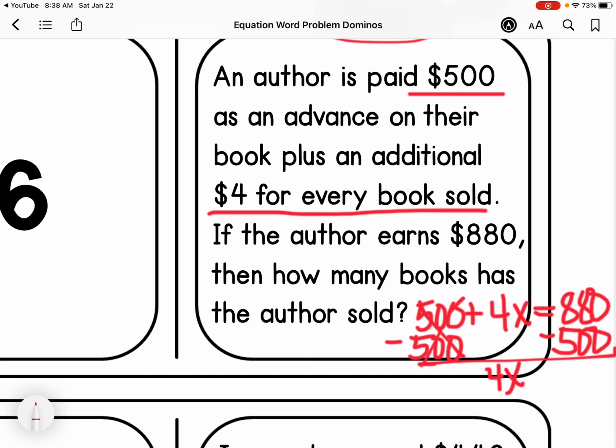So that's going to be $380 divided by 4. I get 95 books. It's not very many if you're an author.